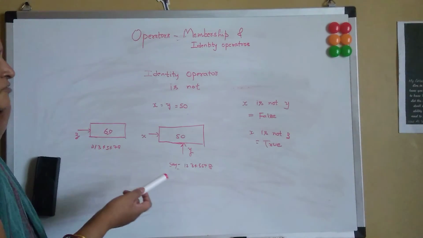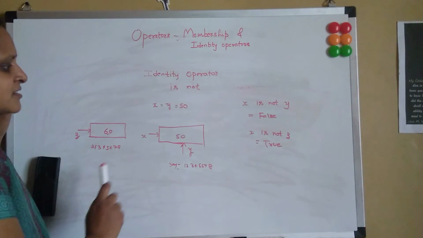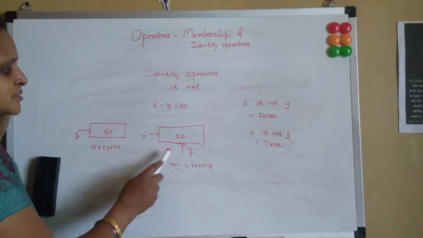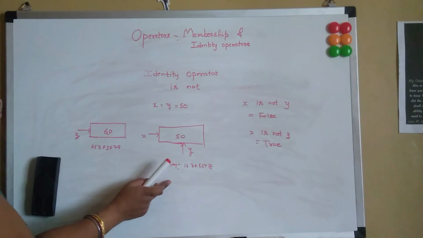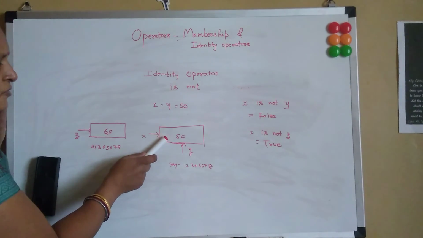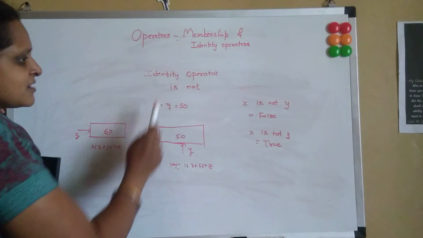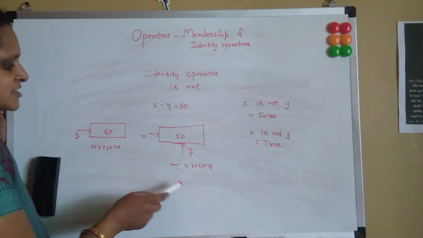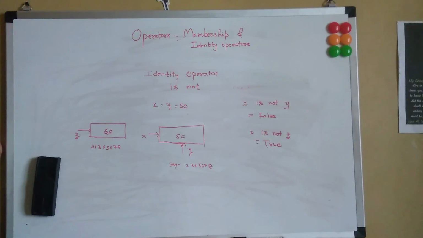Not in is just the reverse of in. An identity operator checks if the two variables point to the same memory location. If they do, the is operator returns true, else it returns false. And is not is just the reverse of is.